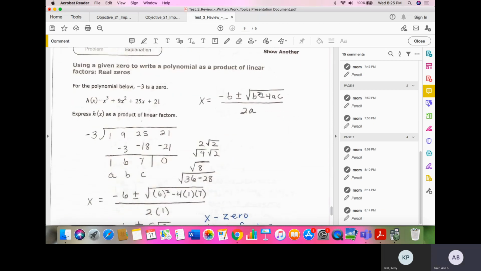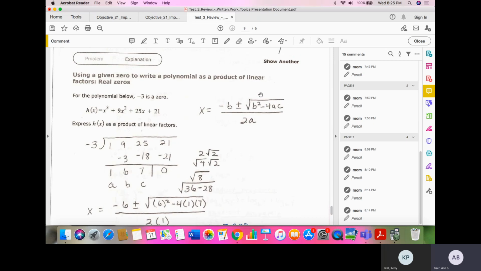And this is our last topic that we are going to take a look at. Using a given 0 to write a polynomial as a product of linear factors, real zeros. So what we want to do is use synthetic division. You can use long division if you want to, but I'm going to present with synthetic division.